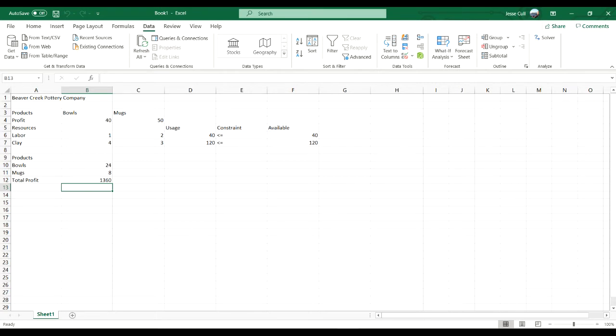Bowls generate $40 in profit and mugs generate $50 in profit, and we know it's 1 hour for a bowl and 2 hours for a mug for labor, and 4 units of clay and 3 units of clay. This is our ideal production scenario, and this is the most money we can make under these conditions.